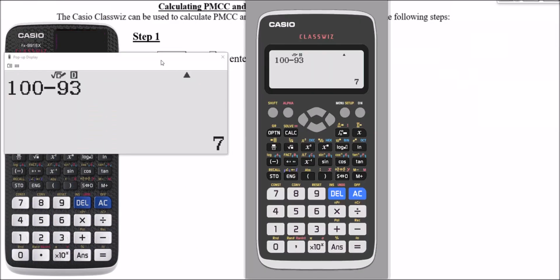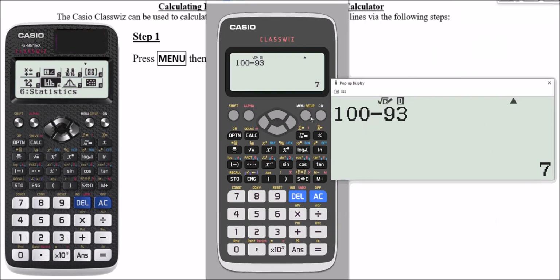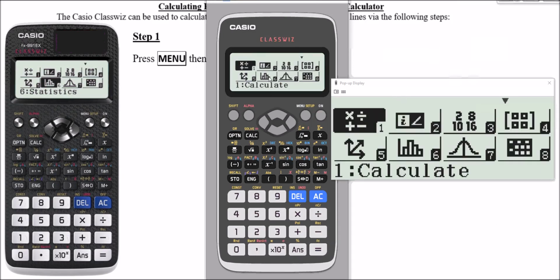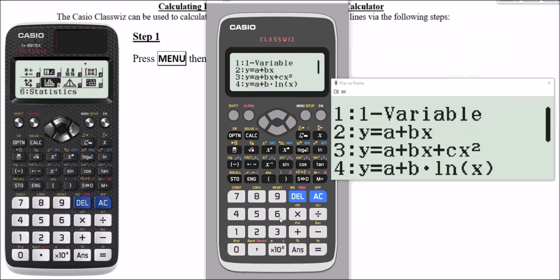So on my virtual one here, what we're going to do is press menu. So watch carefully. I'm going to press menu and then scroll to 6. You can either toggle to 6 or just press 6, then equals, or just option 6.